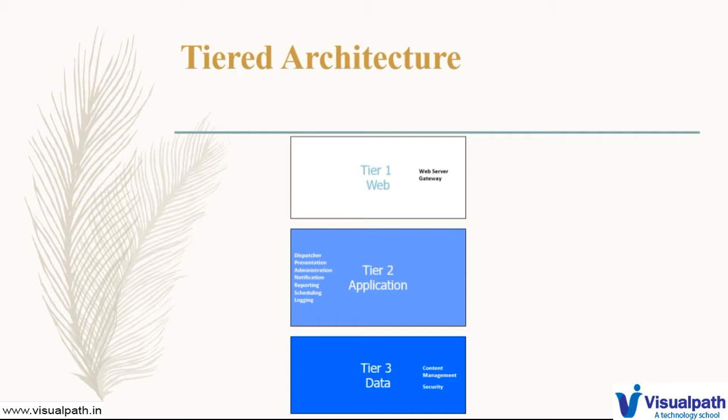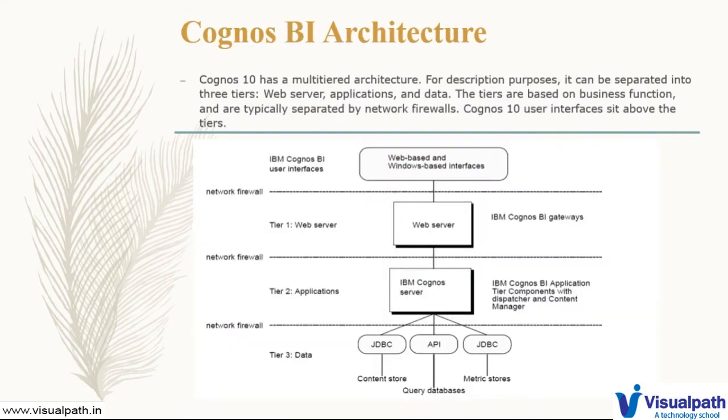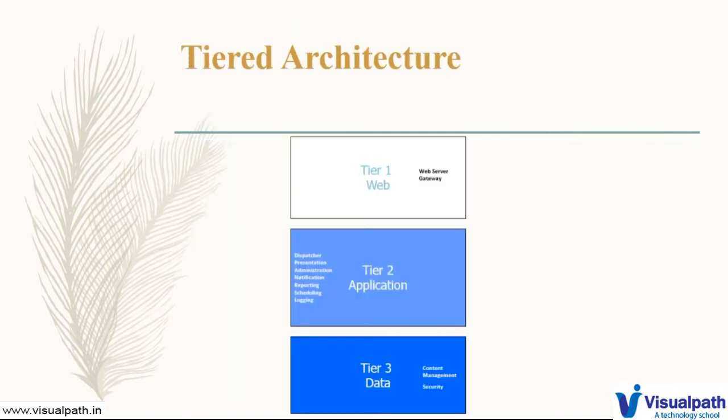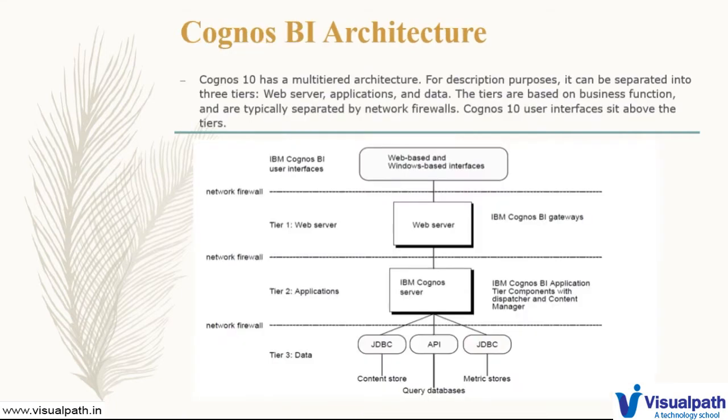In the web server tier, because of the gateways, which are small programs, it extracts the information, and then that information is sent to the second level, which is called the application tier. In that tier, Cognos tries to understand what needs to be done. Okay, so let's proceed further.